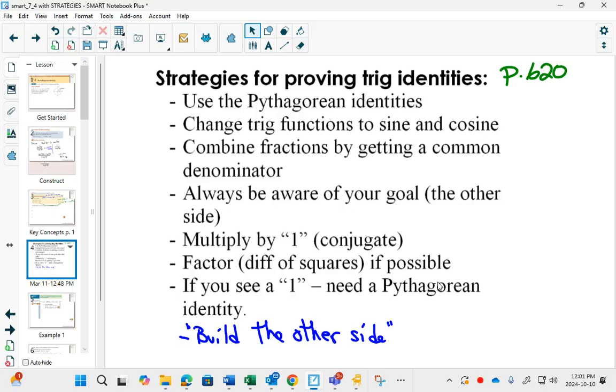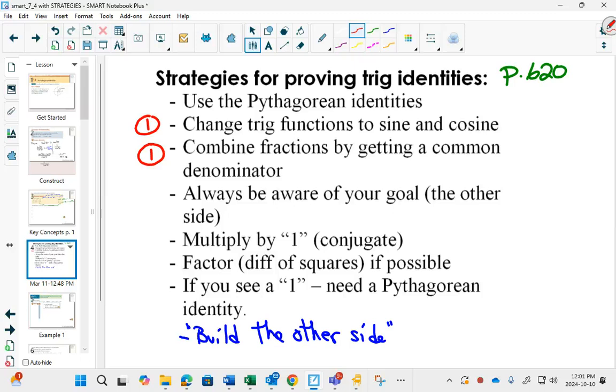Turn to page 620, and I'd like you to copy down now advanced strategy. Okay? And I'm going to do a little bit of numbering here. Bullet 2 and 3 were the very first main strategy we used.